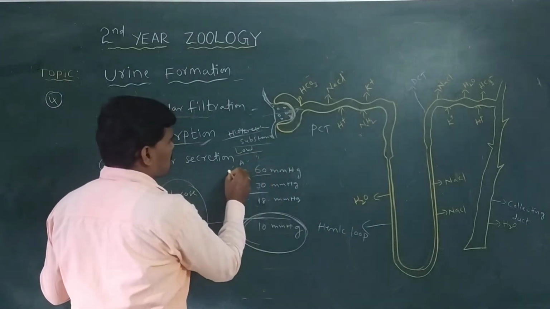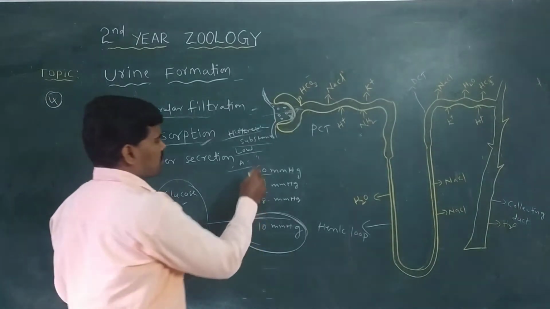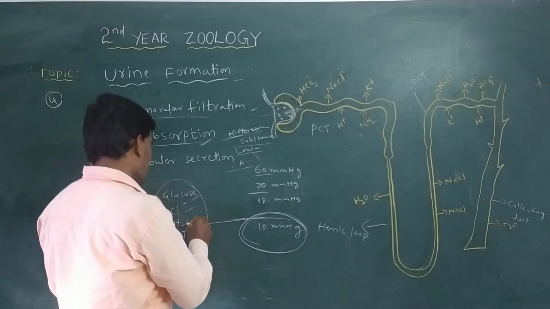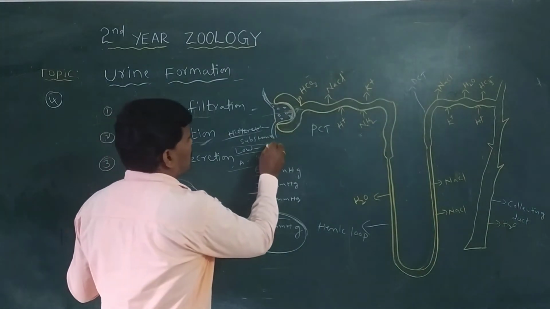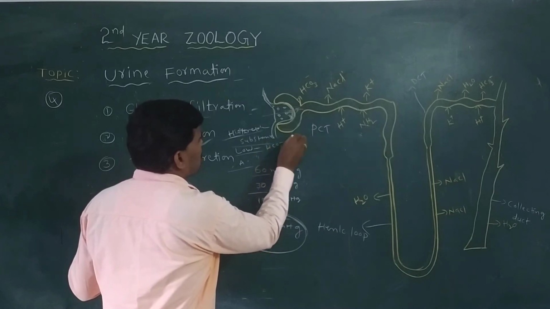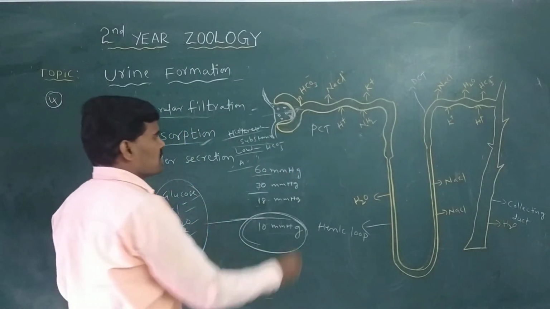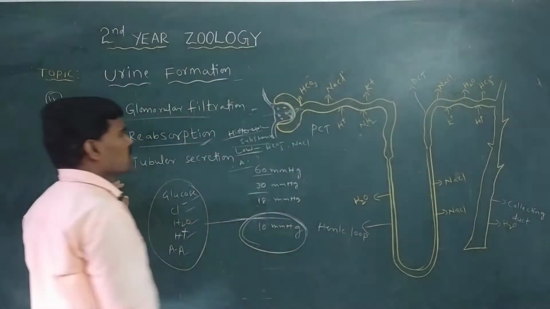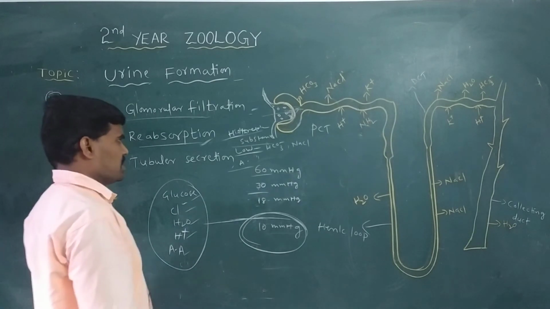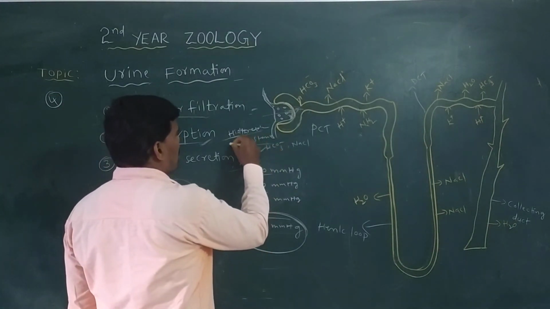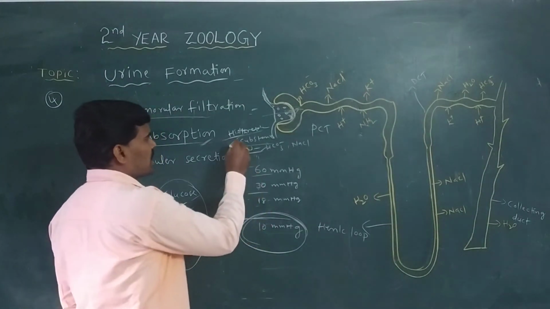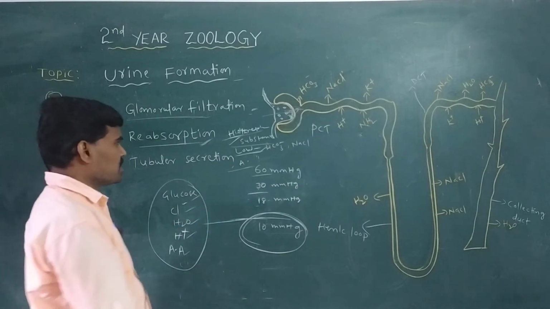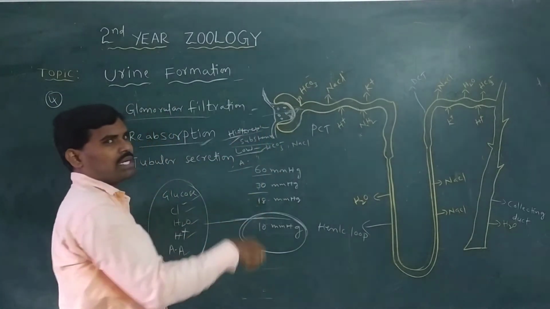Low threshold substances include glucose, chloride ions, and water, and also bicarbonate ions, sodium chloride ions, and hydrogen ions. These are highly important molecules and nutrients, along with a few other important substances.